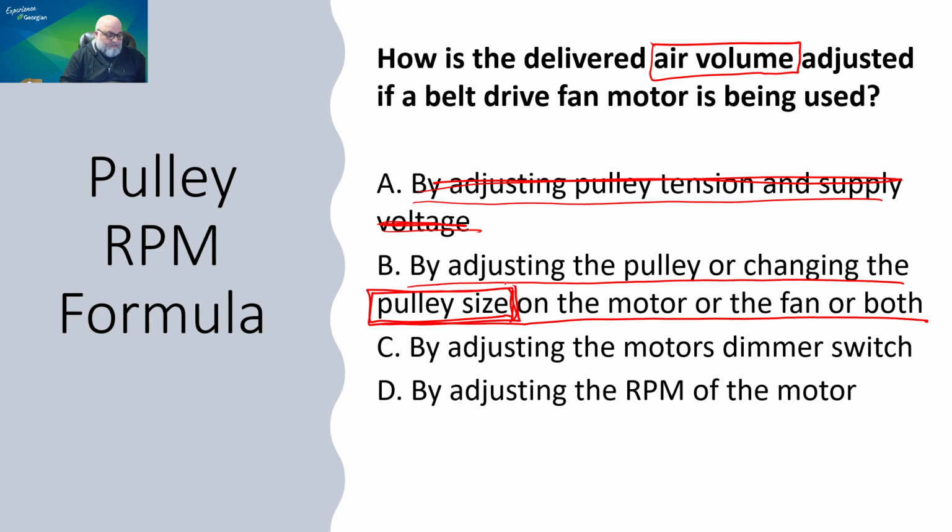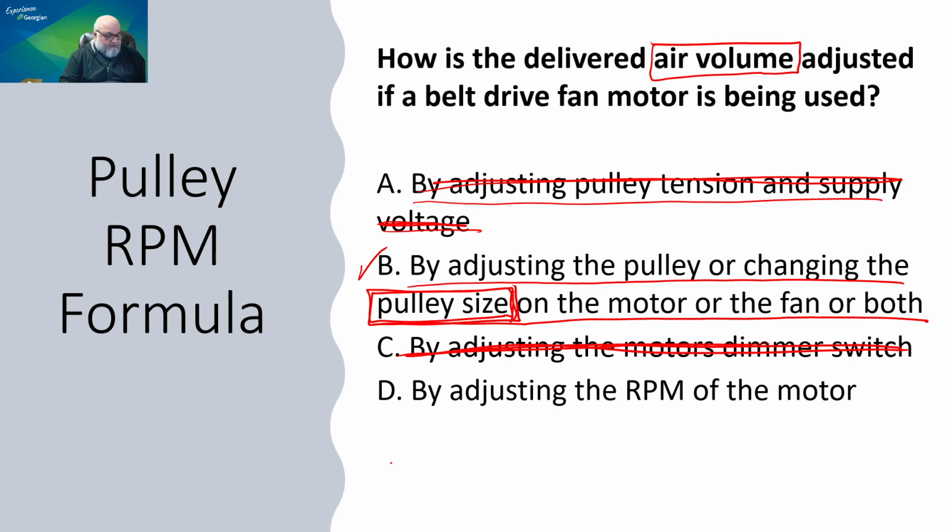Changing the pulley size by either changing the pulley or adjusting the pulley. That's actually a good choice. By adjusting the motor dimmer switch. Hopefully not. We don't call it a dimmer switch. We call it an inverter, and it's a hell of a more expensive device than a dimmer switch.